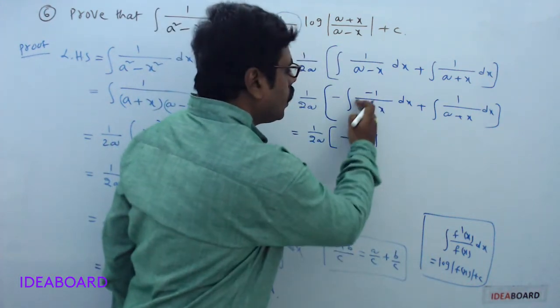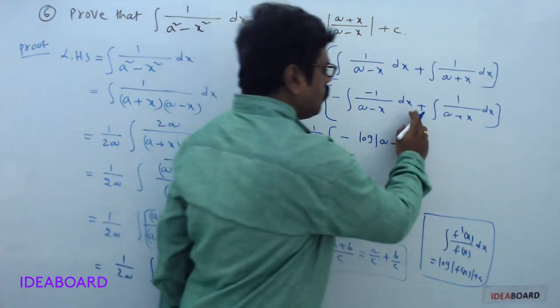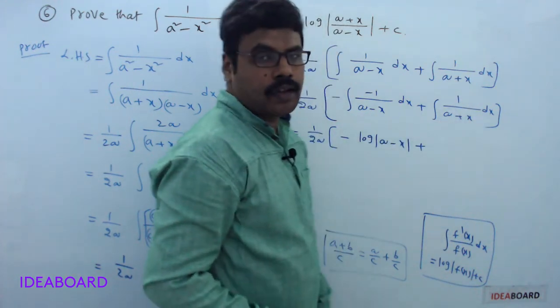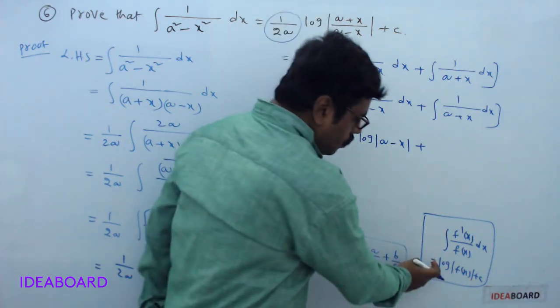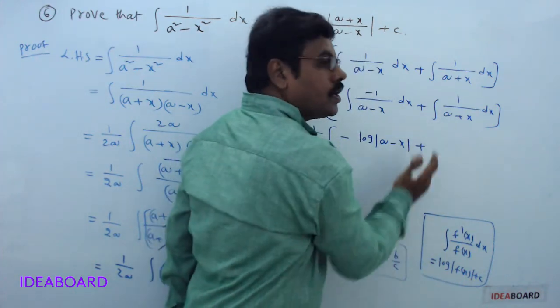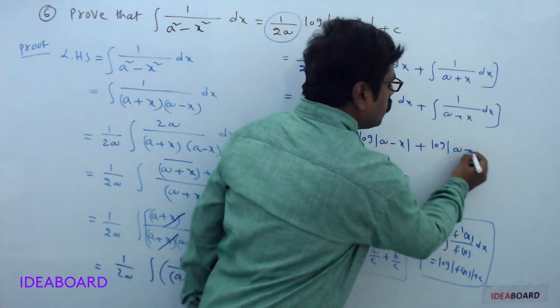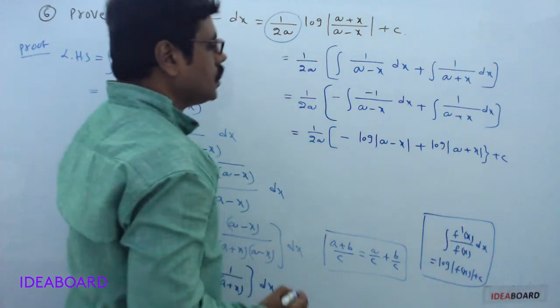Log mod denominator, that is log mod a minus x, plus the derivative of a plus x is 1. So the derivative of the denominator is in its numerator. So by using this formula, what is its answer? Log mod denominator, that is log mod a plus x plus some constant c.